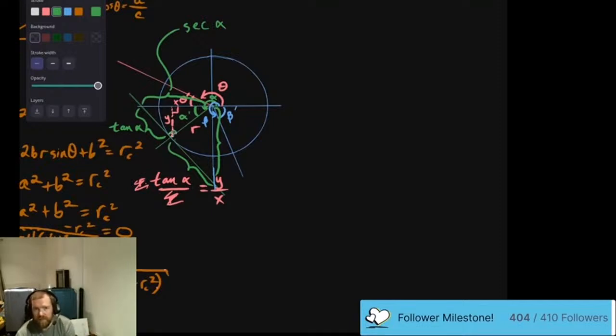And then similarly, secant alpha over r is going to be equal to, on the smaller inner triangle, hypotenuse over adjacent. So r over x.